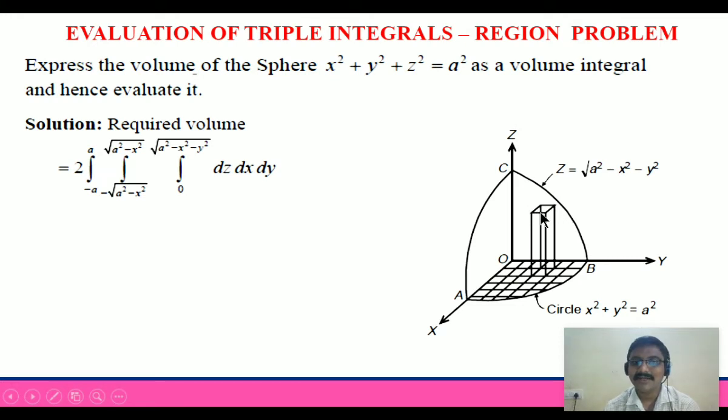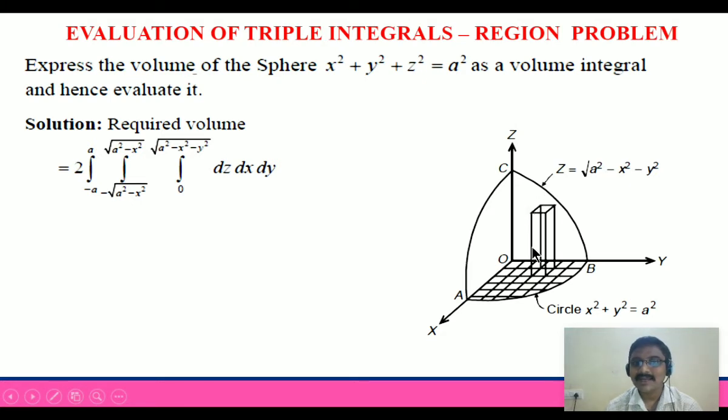The sphere equation is x square plus y square plus z square is a square, which implies that z square is a square minus x square minus y square. Hence z is plus or minus root of a square minus x square minus y square. But here we are taking positive square root because in first octant all x, y, z are positive.